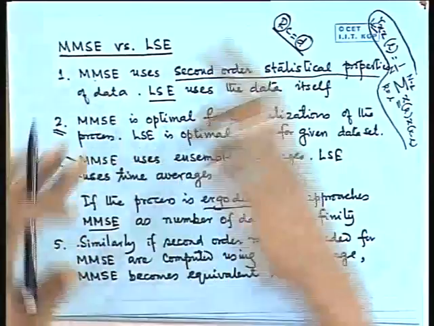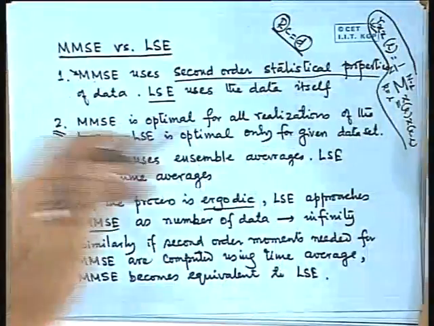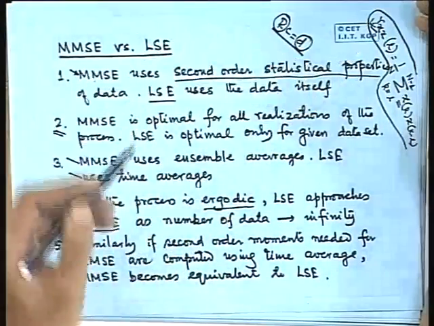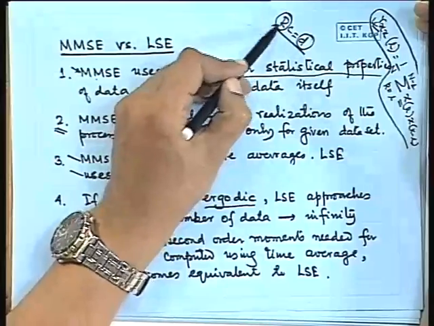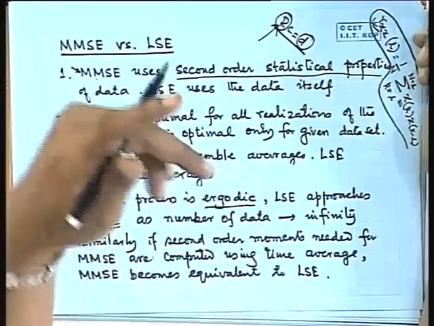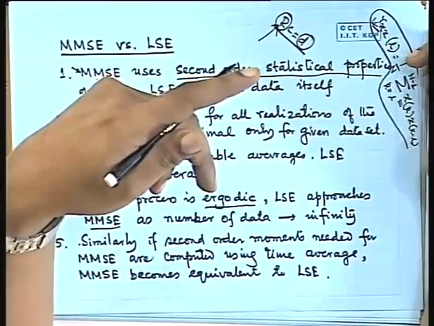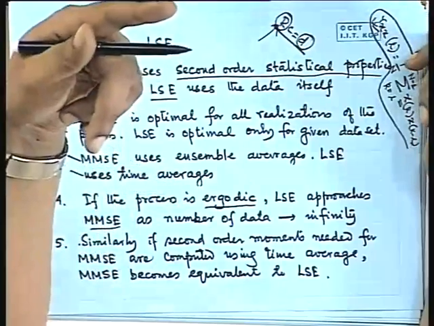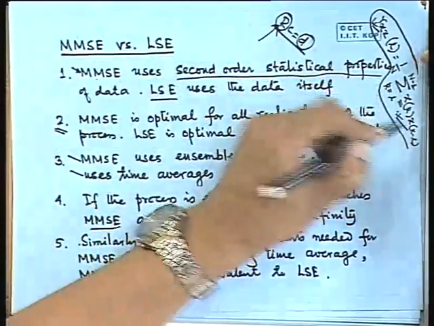We had seen that. Suppose you are given one set of data and you say you want to use the MMSE. How will you get Rxx(l)? How will you get this matrix? You say that you will approximately compute Rxx using this formula.